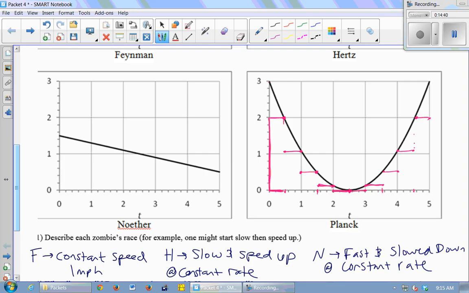So what I've actually found is the area of this rectangle, right? Because I'm multiplying rate, which is what I get when I look at the vertical piece of that rectangle, and time, which is the horizontal piece. So when I multiply rate times time to get distance, I'm actually finding the area of that rectangle.